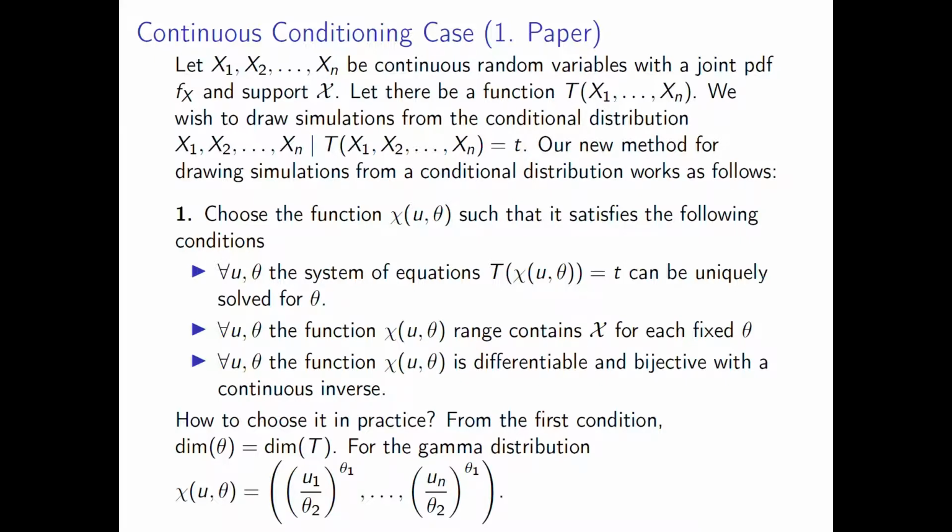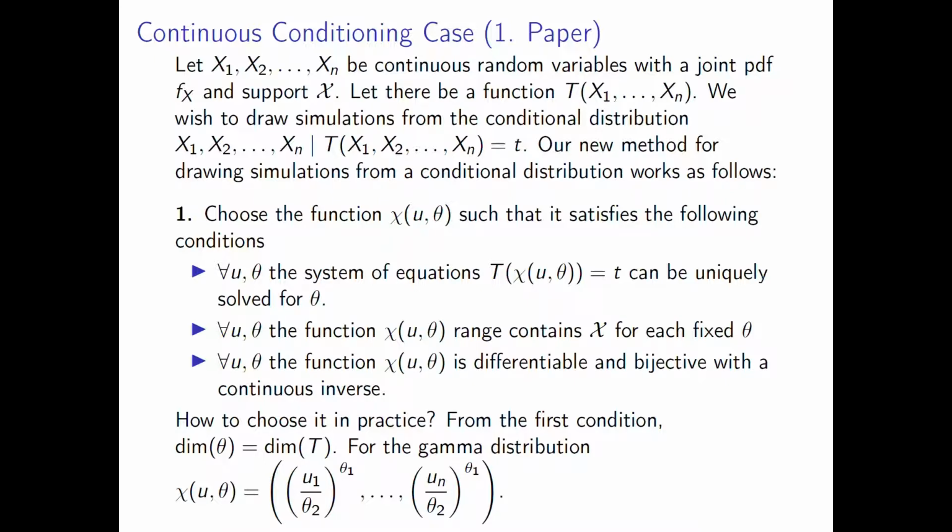So how do we choose it in practice? From the first condition, we can see that the number of components in the parameter theta is the same as the dimension of t. So if t is two-dimensional, which means that the small t has two components, the dimension of theta has the same number of components.